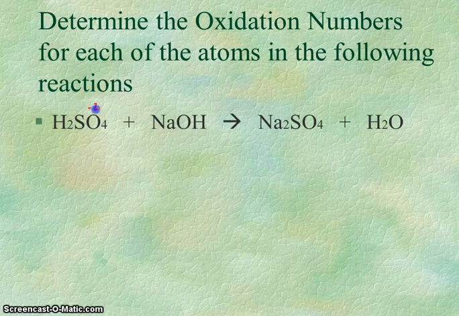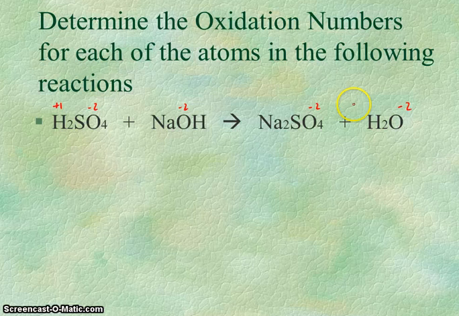So let's just do that across the board. -2, -2, -2, -2. We know hydrogen is going to be +1. So +1, +1, +1. We know that sodium is going to be a +1 because it's a monatomic ion.